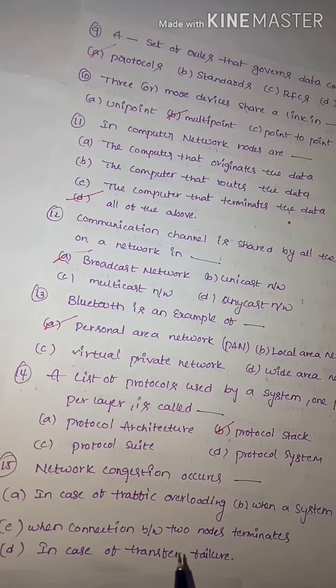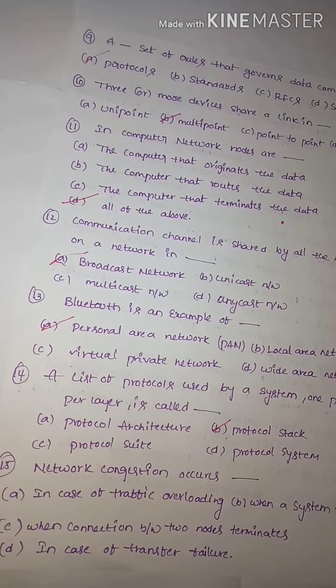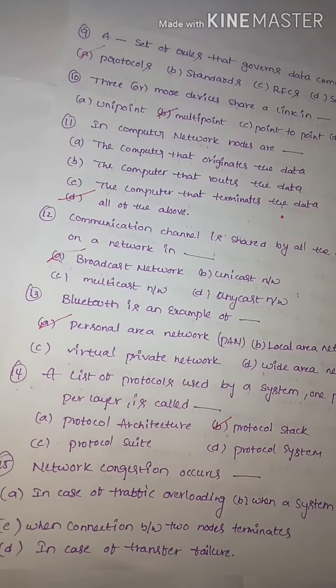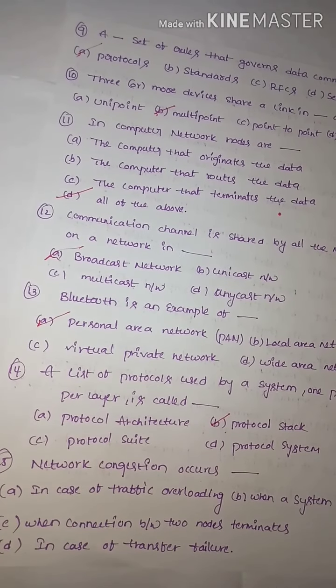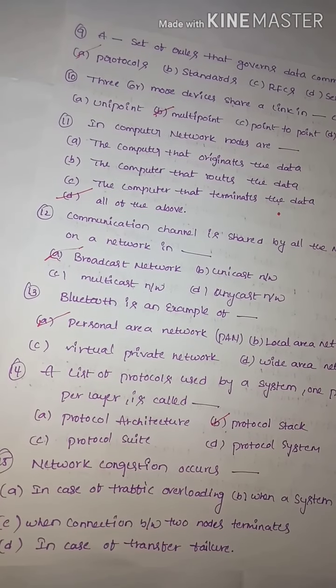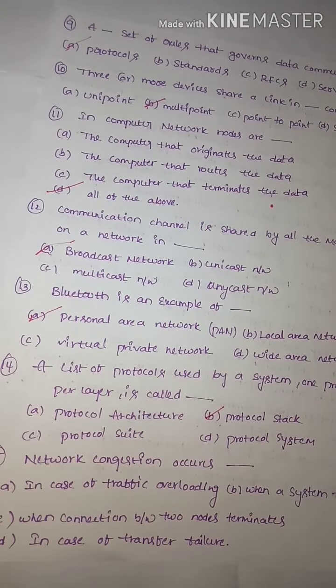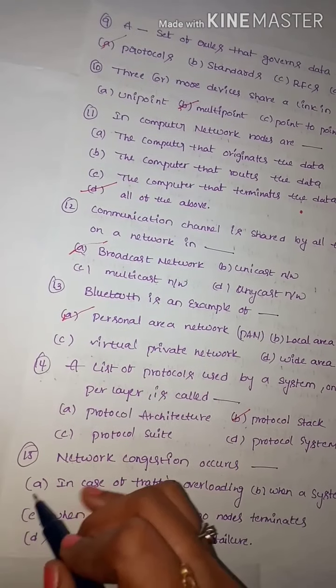Network congestion occurs when the traffic in a network is more than the network can handle. To avoid network congestion, network management uses various open loop and closed loop congestion control techniques. So the correct answer is option A, in case of traffic overloading.